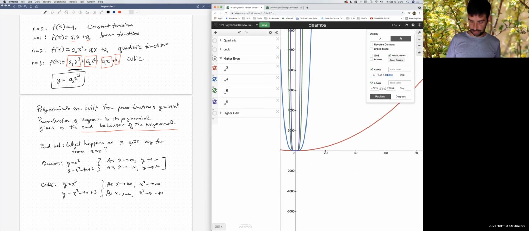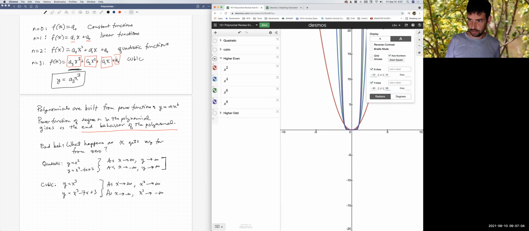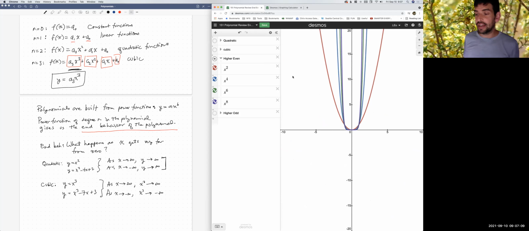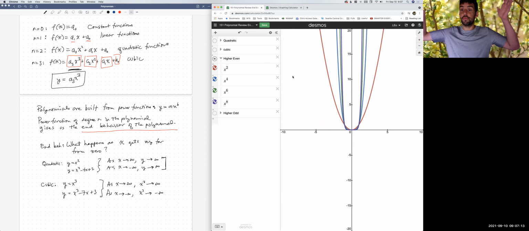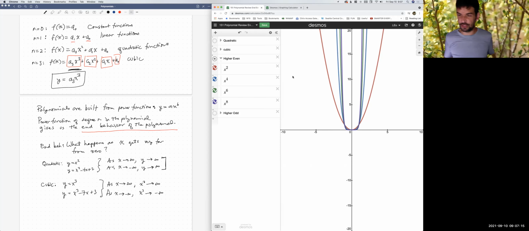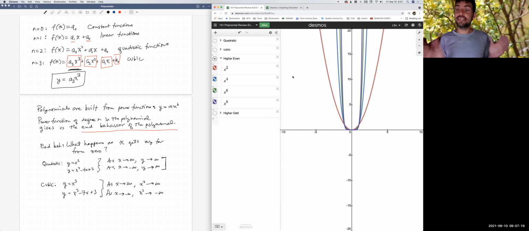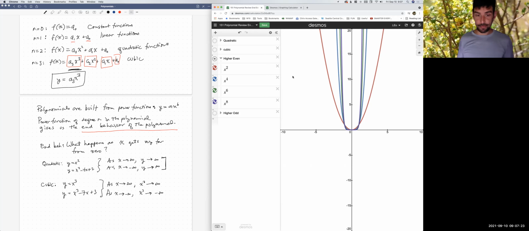Let me zoom in a little bit here. Even though, yes, the x to the 4th or x to the 8th goes higher much quicker, it's flatter towards 0, but then all of a sudden shoots up much more, it's still curved upwards in the same way.